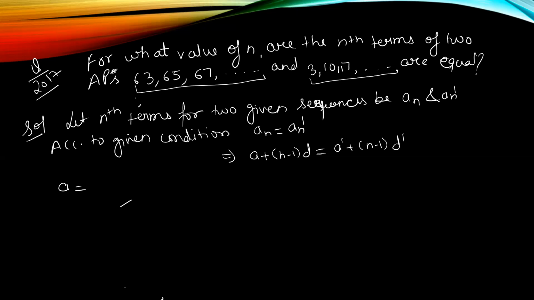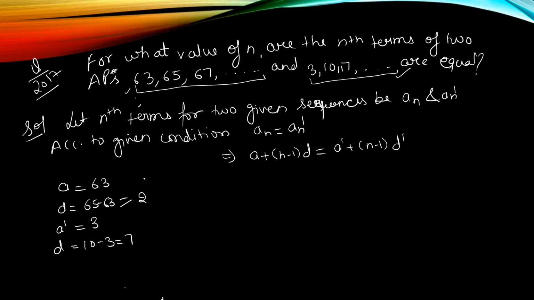So first term is going to be 63 from this sequence, and your common difference is going to be 65 minus 63, which is equal to 2. Also, when we talk about a dash from this sequence, it is 3, and common difference is going to be 10 minus 3, which is 7.